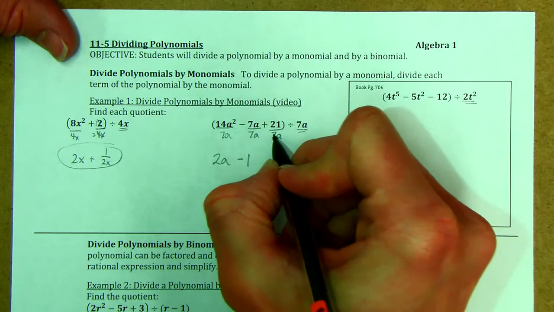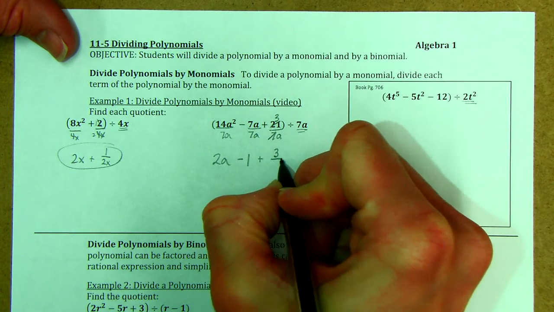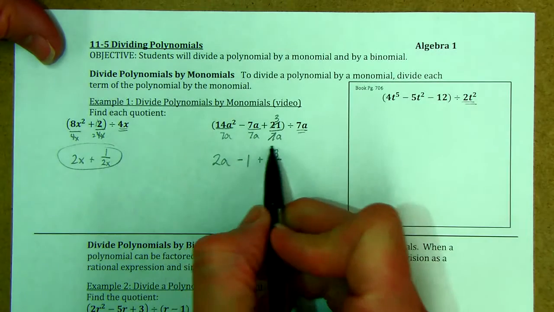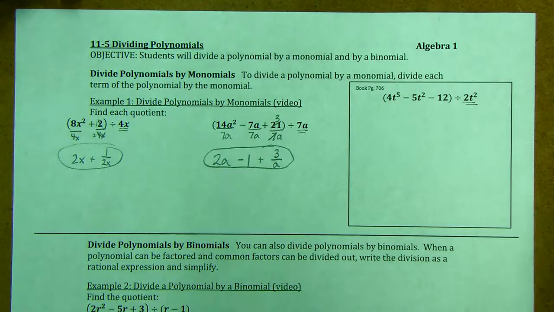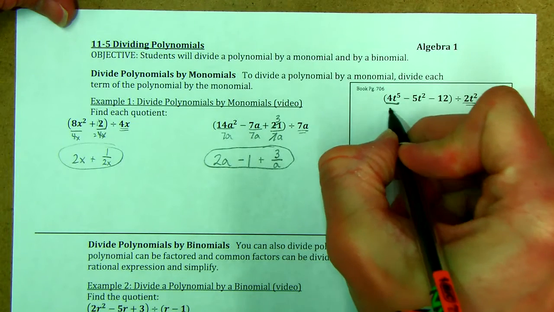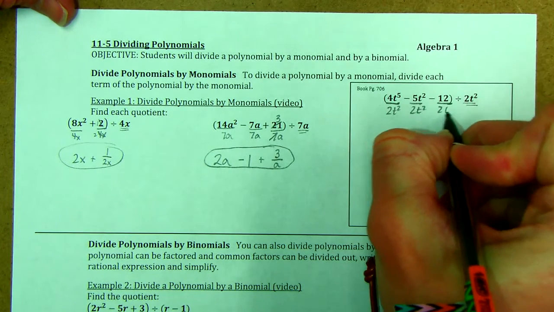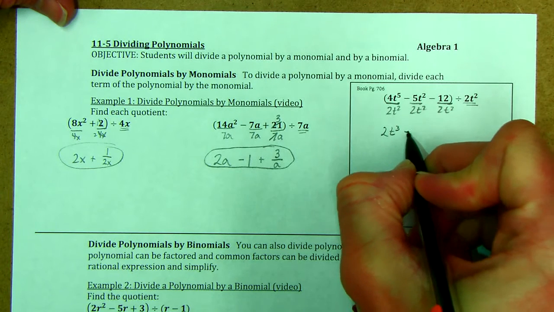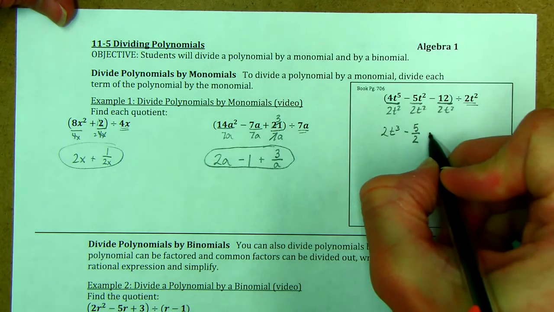Now that isn't how we like to see our terms, but that is how we're going to leave them. This last example is divided by 2t squared each time. So we get 2t to the third minus, I'm just going to leave it 5 over 2, and then minus 6 over t squared. And that's how I'm going to leave it right there.